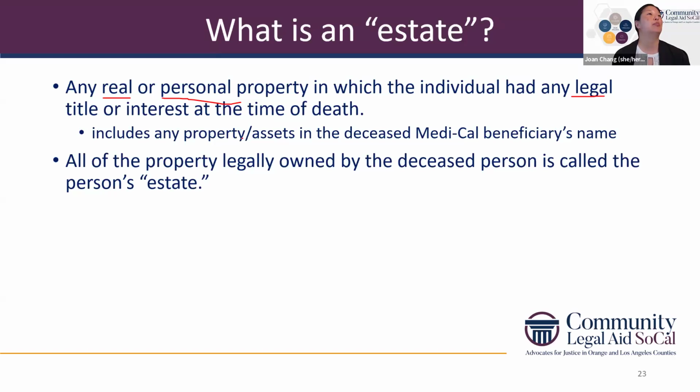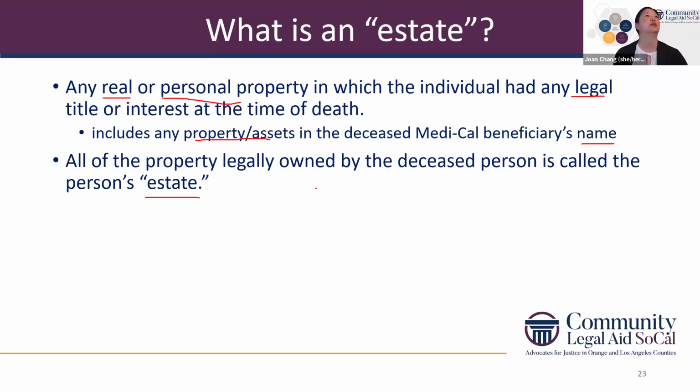This includes property or assets in the deceased Medi-Cal beneficiary's name. Another way to say it is all the property legally owned by the deceased person is called the person's estate. It is technically a legal term of art, and it means a specific thing for Medi-Cal purposes.